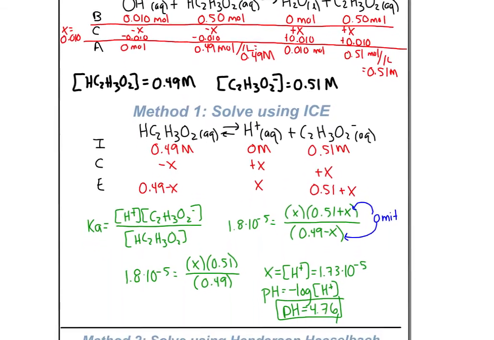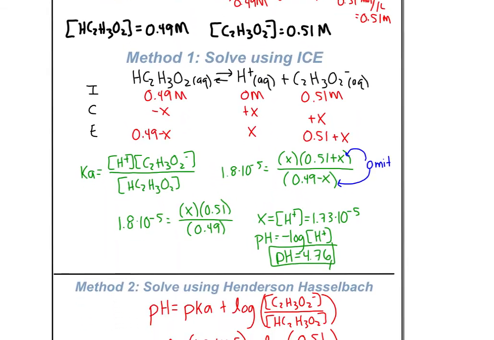So now we're going to solve the exact same way we did in the last problem. So we have my ICE option. I have a starting 0.49, that's what we got from above, and 0.51. And so we do our ICE table exactly as we did in the last problem, solve for x. And once we know x, we can take the negative log because x is the same as H+, and that will give us our pH.